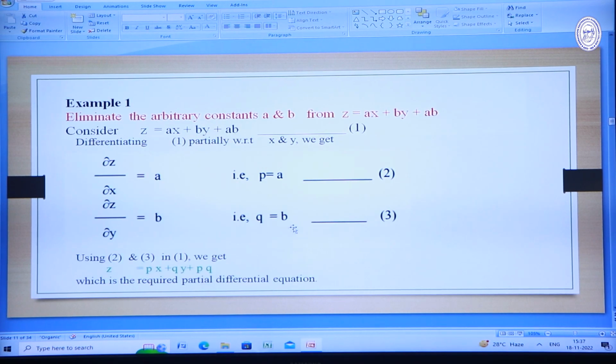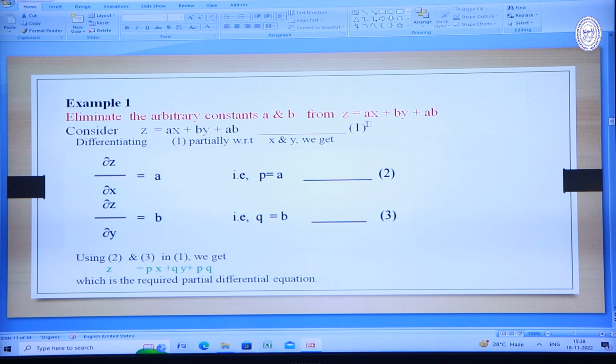Example: eliminate the arbitrary constants a, b from the equation. First example: this is an equation of x, y, z, and here the arbitrary constants are a and b. To get a differential equation, we remove the arbitrary constants a and b.